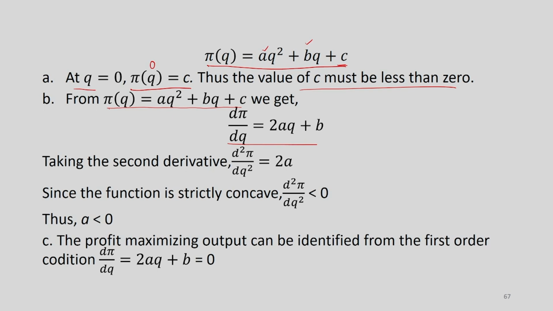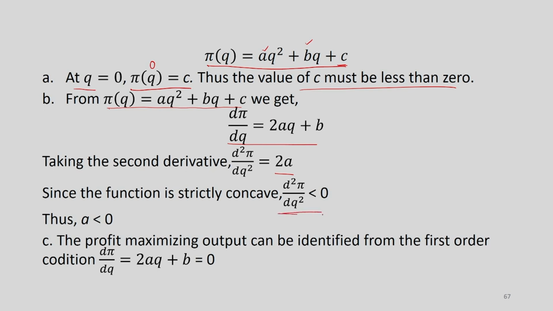And then we take the second derivative, that is d square pi by dq square, and this again using the power rule is equal to 2a. Now, as I have just mentioned, if the function has to be strictly concave, then the second derivative should be less than 0.